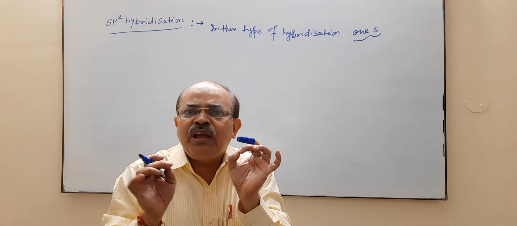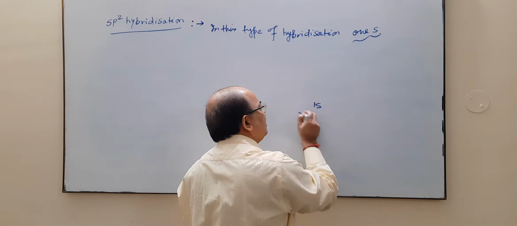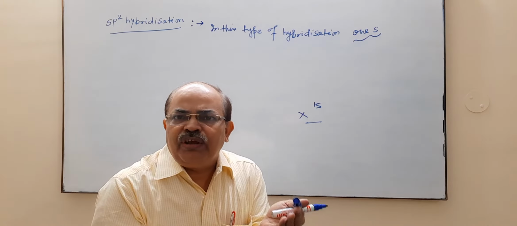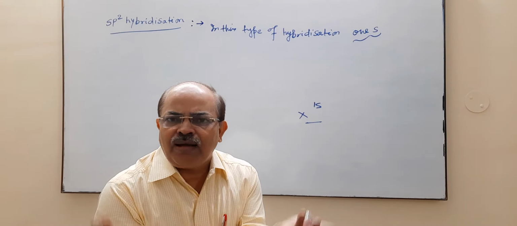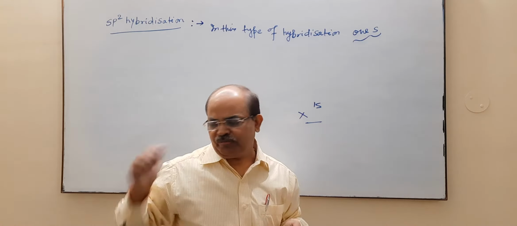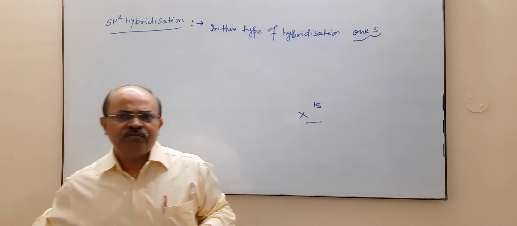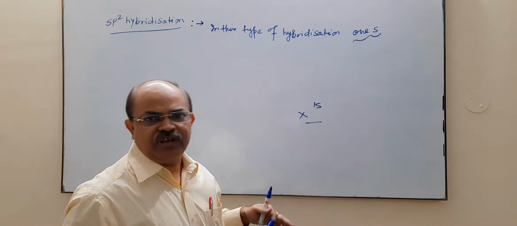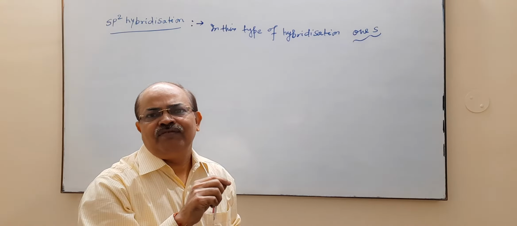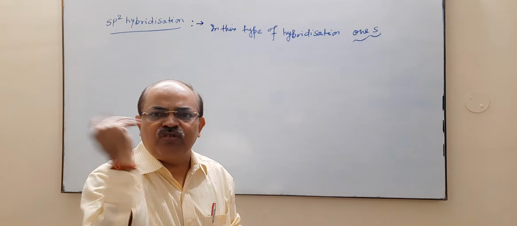We cannot say 1s, because if you take 1s, then 1p does not exist. You know that p exists at least from the second orbit. That's why we do not write 1s of this type. 1s means one of the s orbitals, whether it is 2s or 3s or 4s.